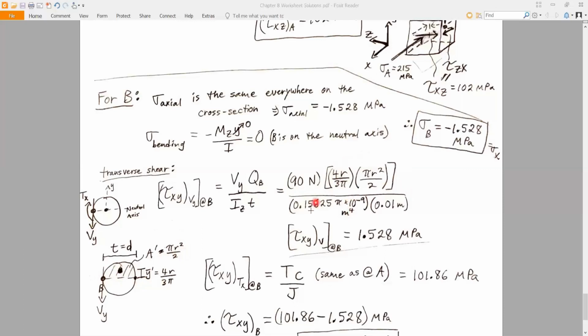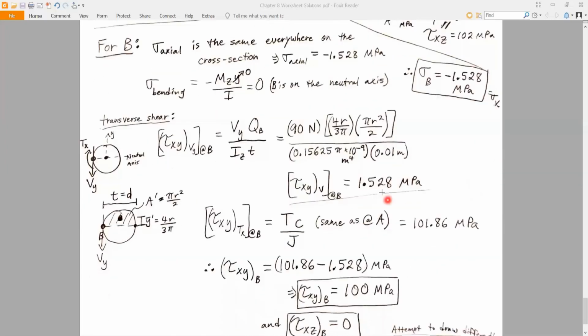I, we already wrote out. And then T, okay, if we're looking at our point here, T is going to be this whole width of our cross section, which is just the diameter. So 10 millimeters or 0.01 meters. Calculate that, you get 1.528 megapascals. And now we need to look at our tau xy due to our torque.